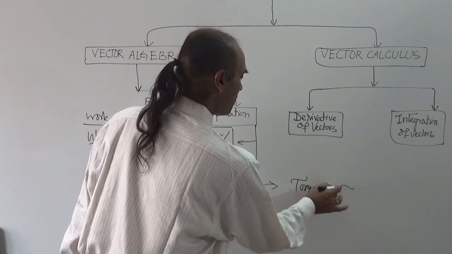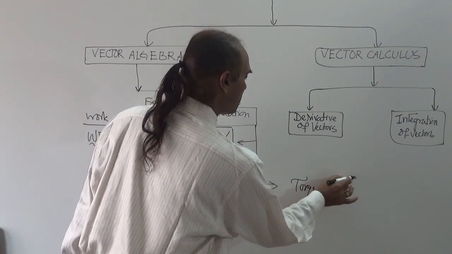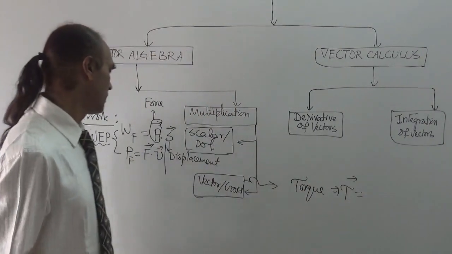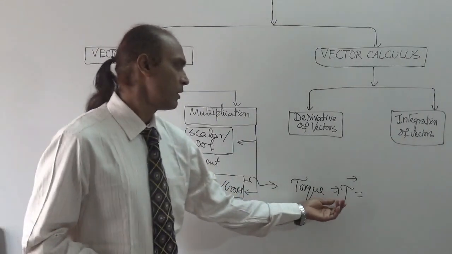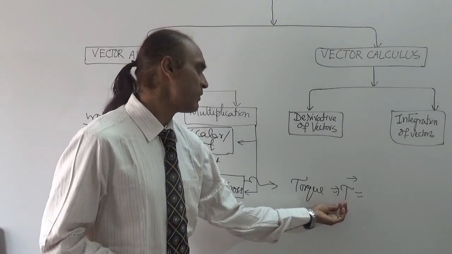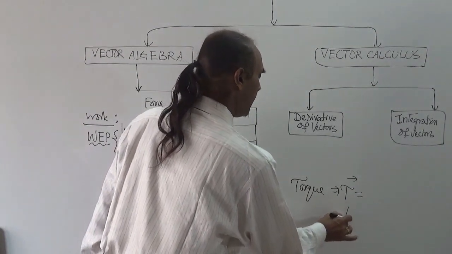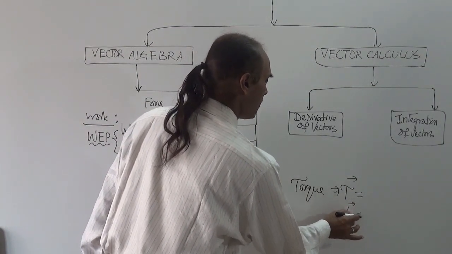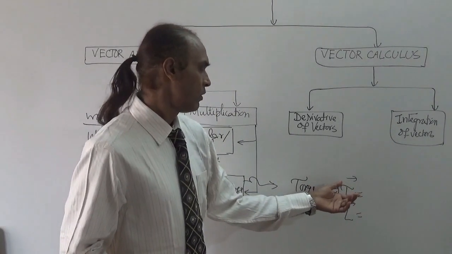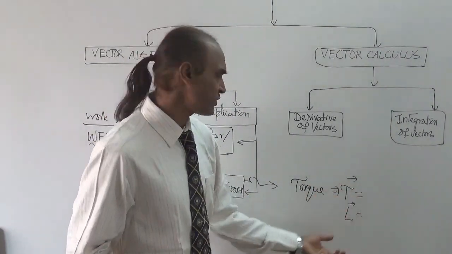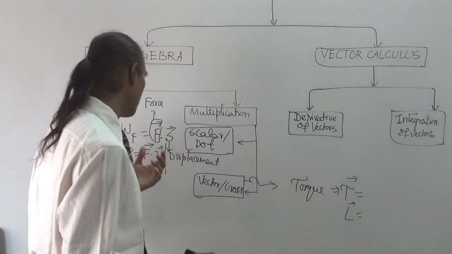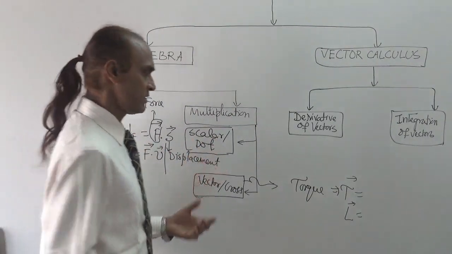Torque is a vector quantity. In physics, there are some vectors like torque and angular momentum, which can be expressed as the product of 2 vectors.